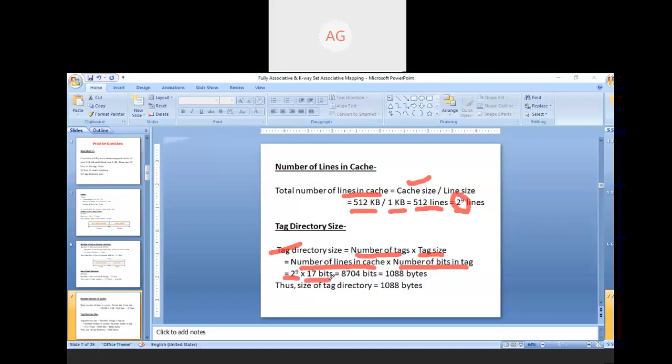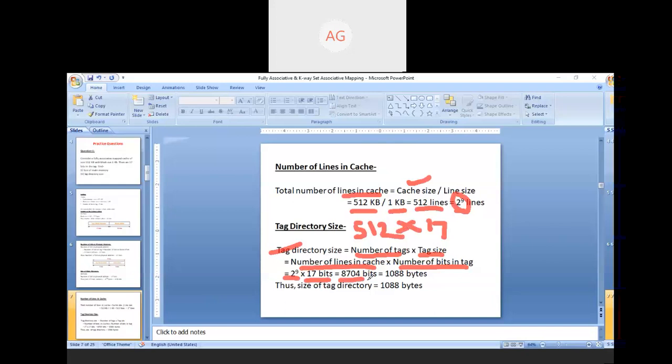So we convert 2 to the power 9 into 512. We need to multiply 512 into 17. It comes out to be 8704 bits.